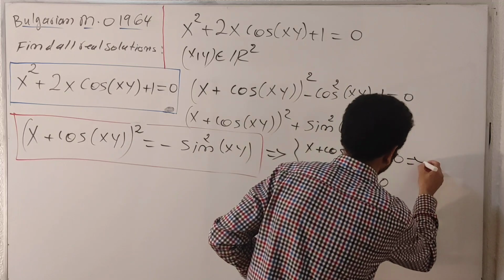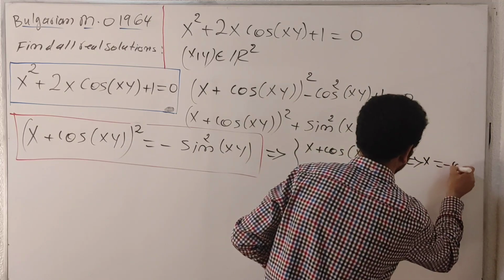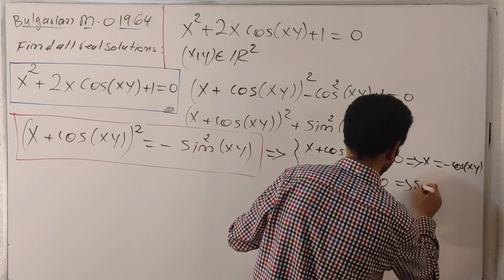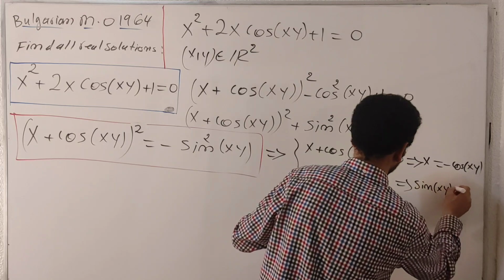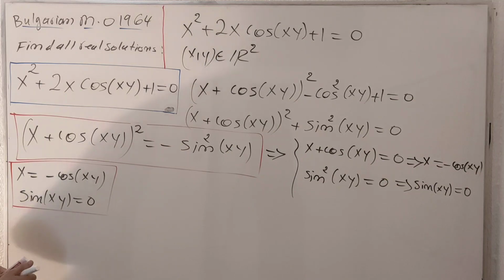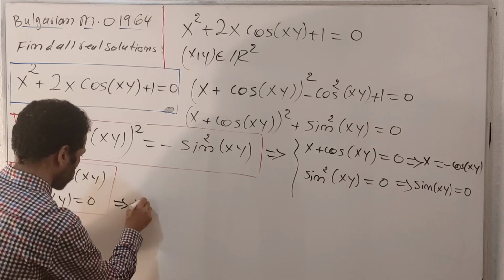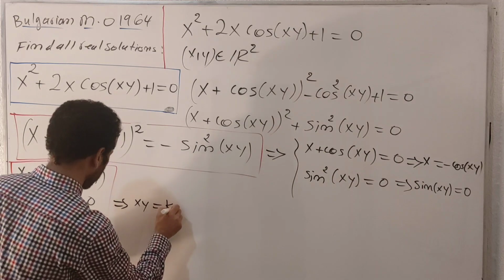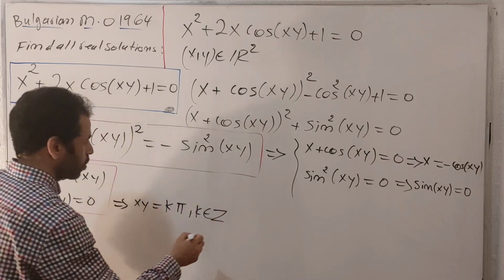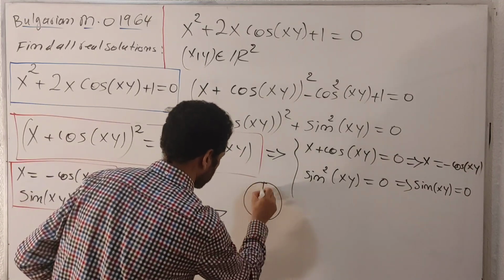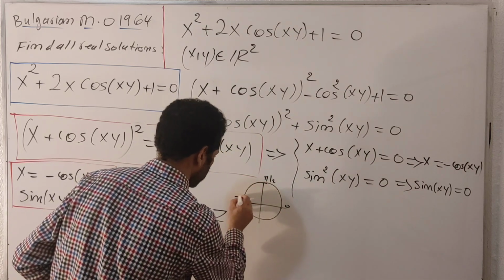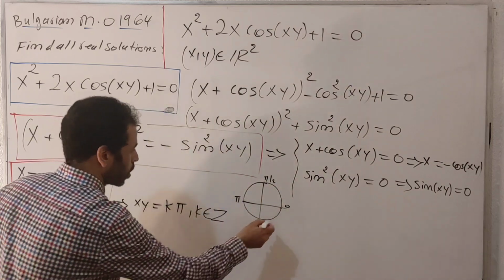Now this one is telling us x equals minus cosine xy. This one is telling us also sine xy equals 0. So I'm going to bring this one down here. Now sine xy equals 0. That means xy equals k pi, where k is some integer. If I go to the unit circle, we have 0, pi over 2, pi, 3 pi over 2, 2 pi.